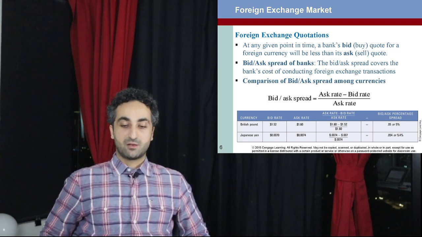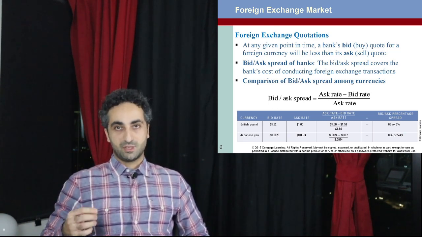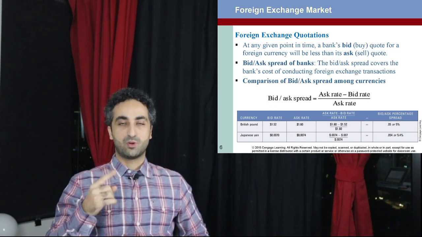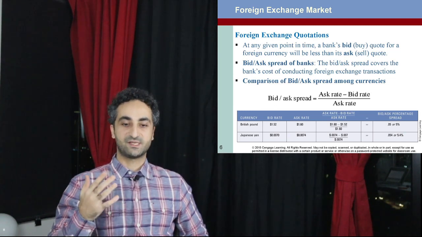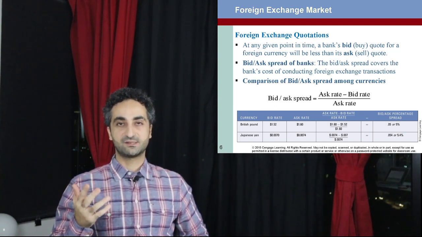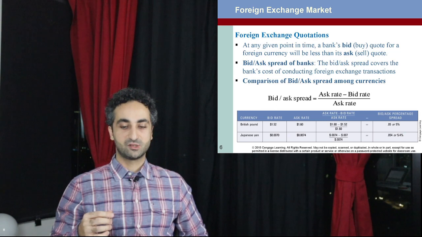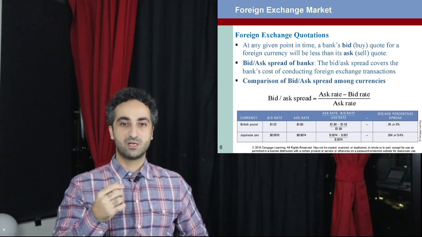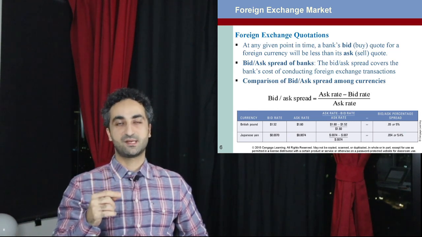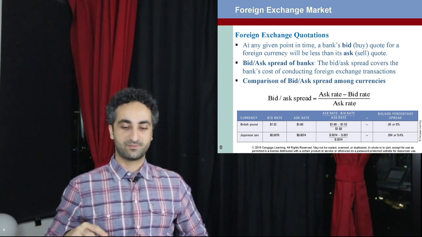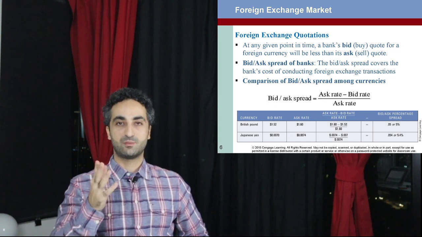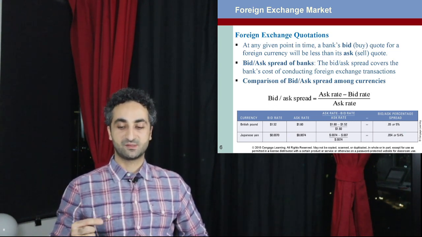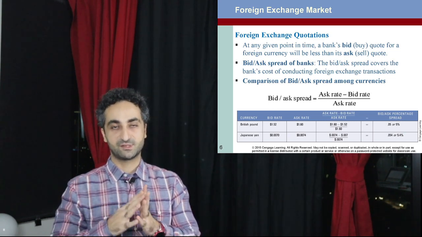However, if I am going to sell you British pounds, my ask price is 1.60, 8 cents higher than my bid price. So if you want to buy British pounds from me, you have to pay me $1.60 per one unit. So based on the simple formula above, we notice that the spread rate is 5%.